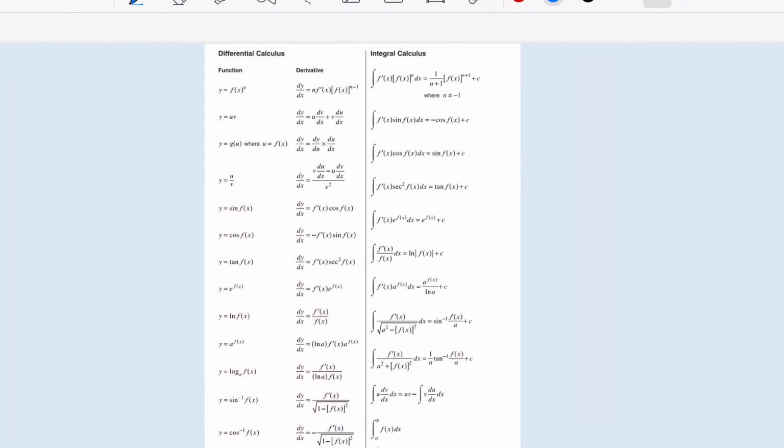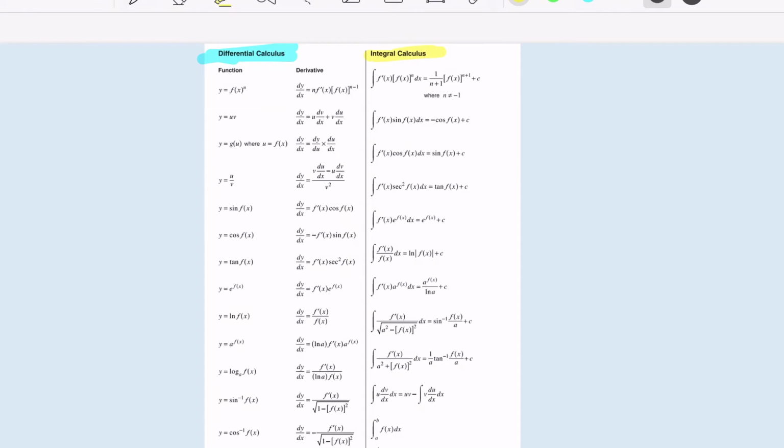Okay, now our next slide is page 3 from the reference sheet. Page 3 is split up into all the formulas that you would need to know in reference to differential calculus, and on the other side, integral calculus.